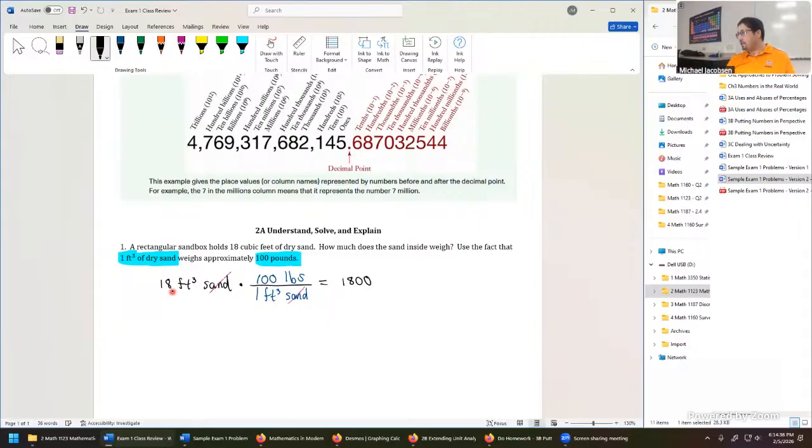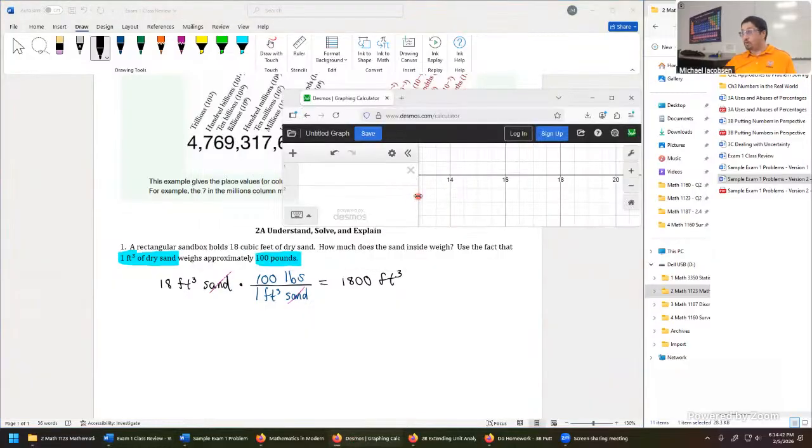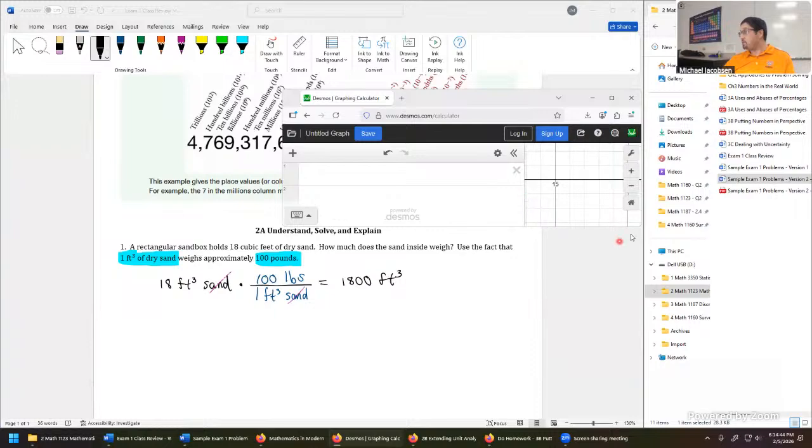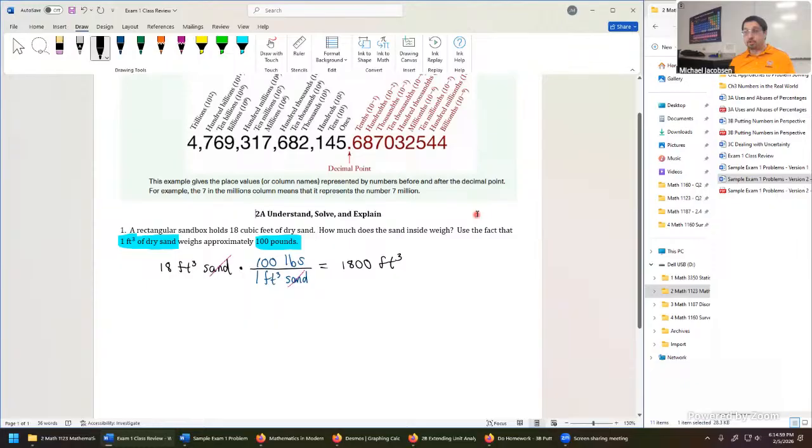We have 1,800 feet cubed. But don't forget, calculator is an excellent resource, a required resource for some of the problems. So no harm in double checking some of the numbers when you get through them. But that's one down, a gentle problem to start out, and then we'll build from there. We'll do some harder ones as we go through our review. Any questions at all, folks, with the first one down?